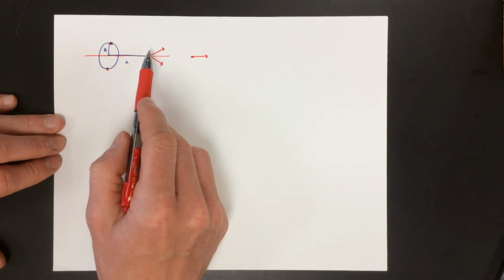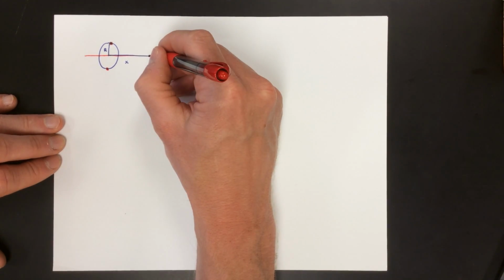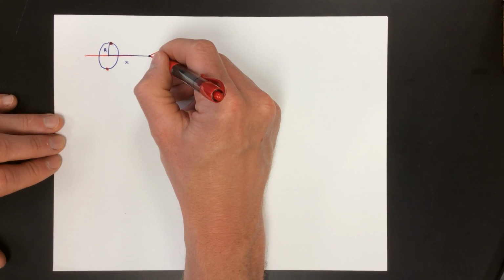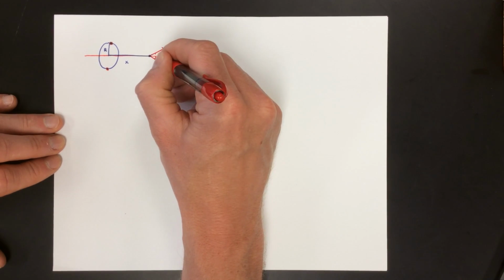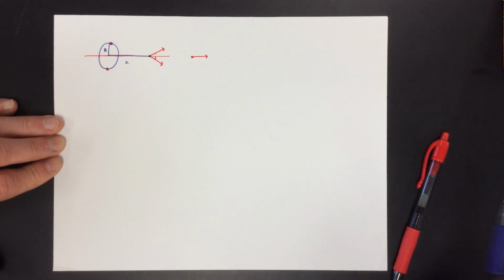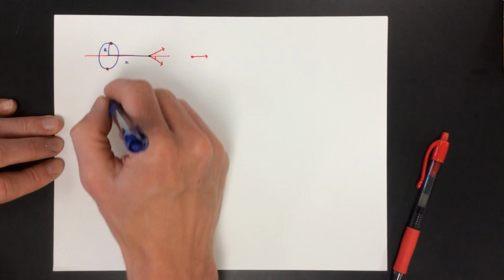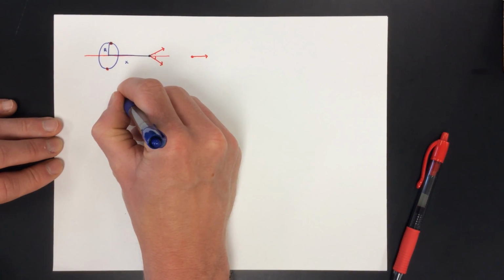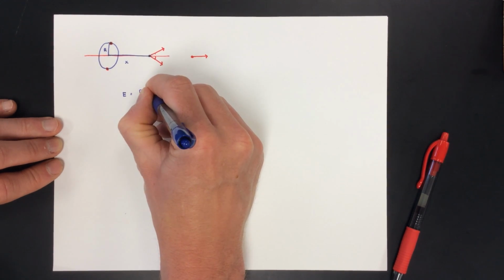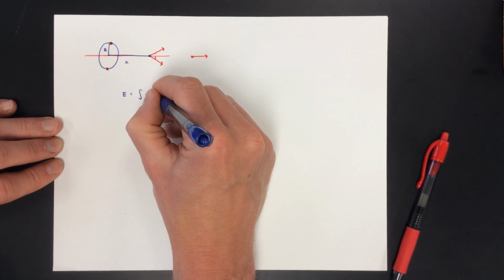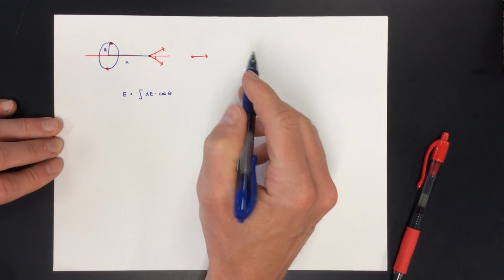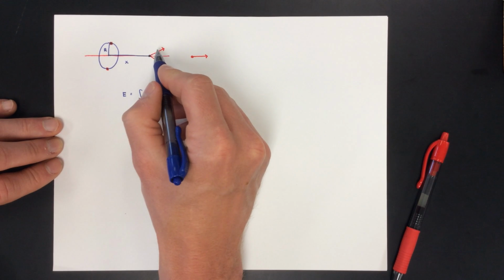And all of these things have a certain angle with them, right? They all have some random angle that we need to get. This angle here is just some angle, and we really just need that piece, right? So we're going to have to introduce some cosine. And we end up doing the same thing we did before. The E field is the accumulation of all the dE's, the magnitude of all the little bitty things, but we have to multiply by a cosine theta because we need the horizontal component of all of these.